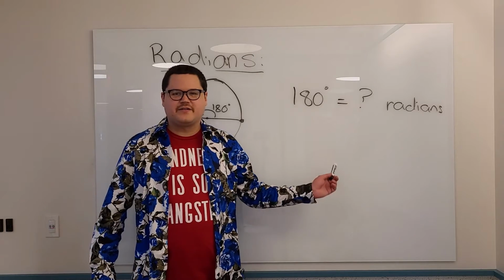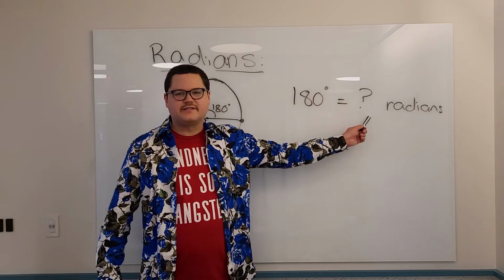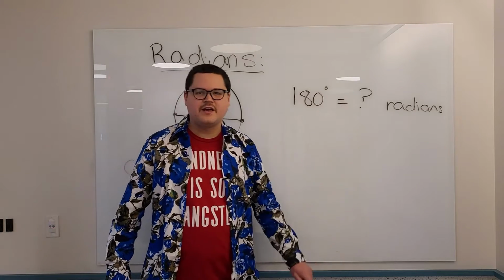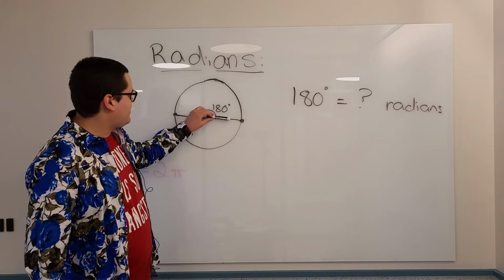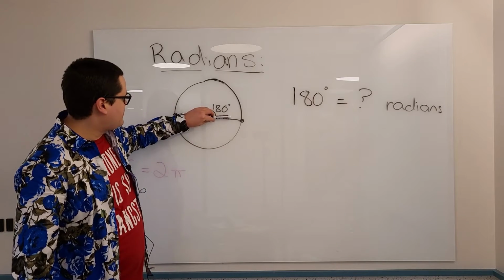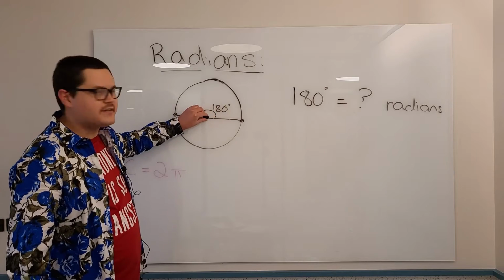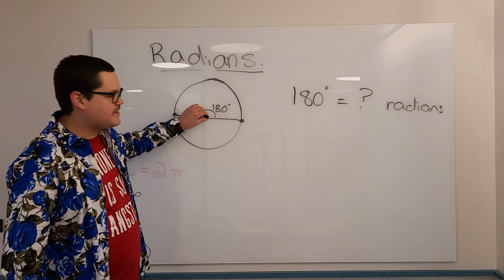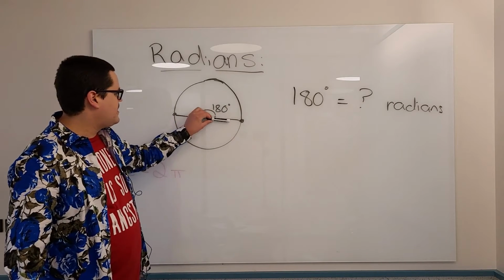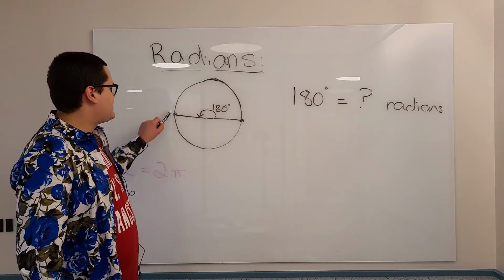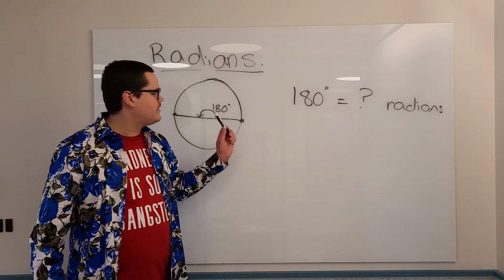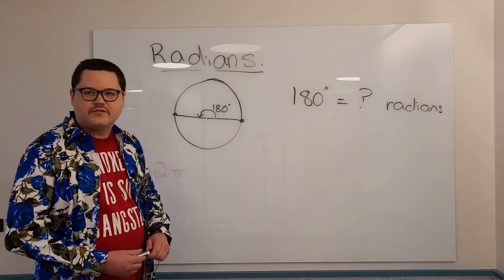How about 180 degrees? How many radians is 180 degrees? Well, remember that 180 degrees is the measure of a linear angle. It's the angle going all the way from here to exactly the opposite direction. Now, the arc subtended by this angle is half of the whole circle of a unit circle.